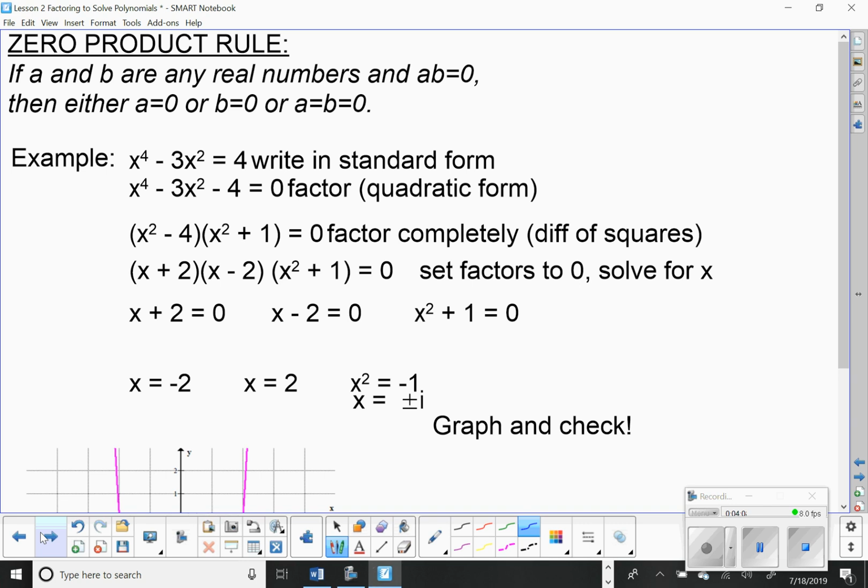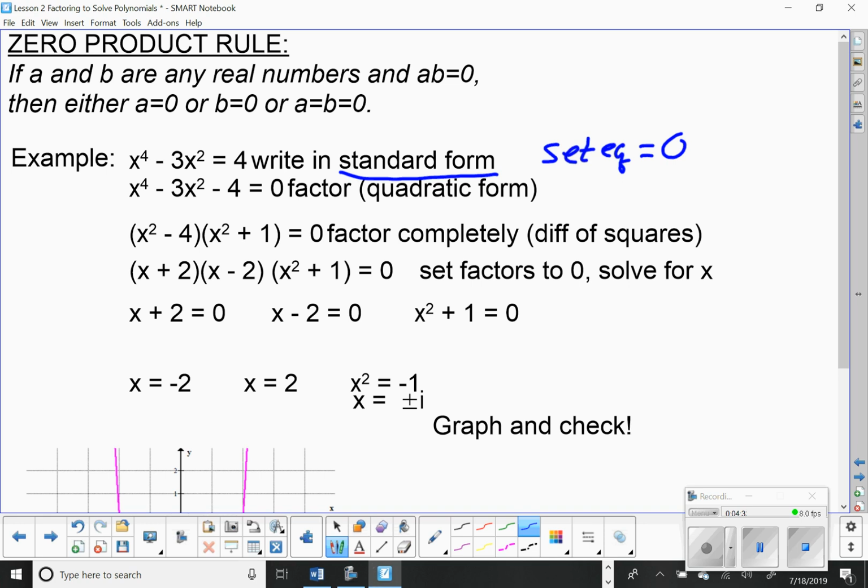Now, first thing we're going to look at is something that's not in quadratic form. X to the fourth minus 3x squared is equal to 4. We must write it in standard form. That means set the equation equal to 0. So you're going to subtract 4 from both sides. Now, you're going to factor this.